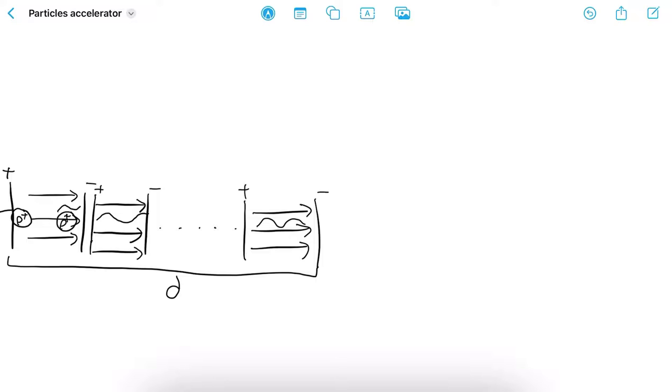If you imagine that chain of electric field wraps around on itself and connects both ends, what we get is a circle.